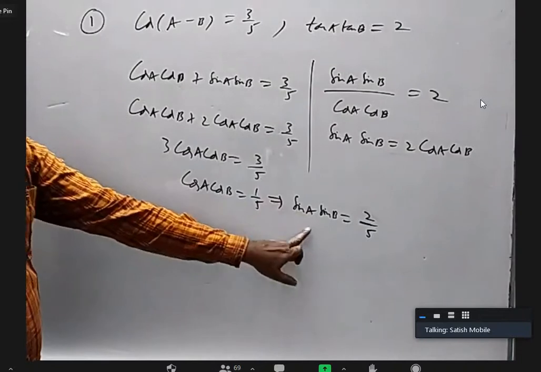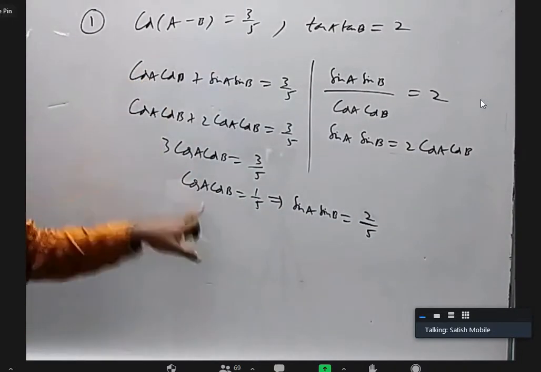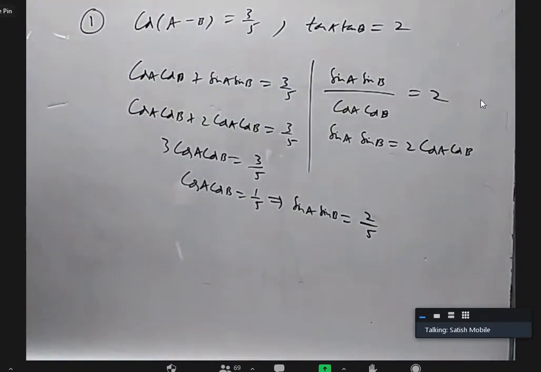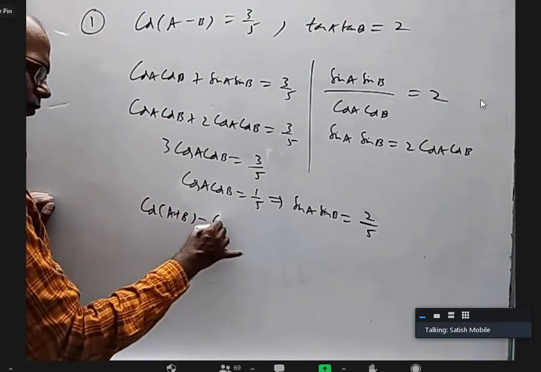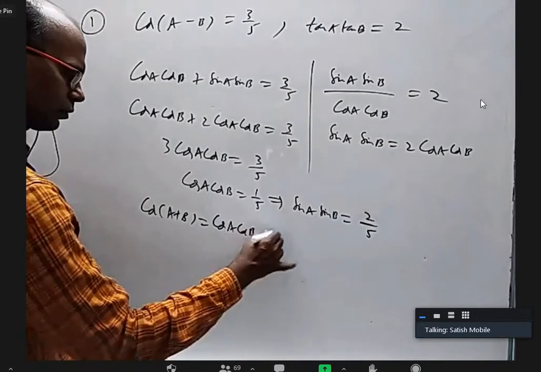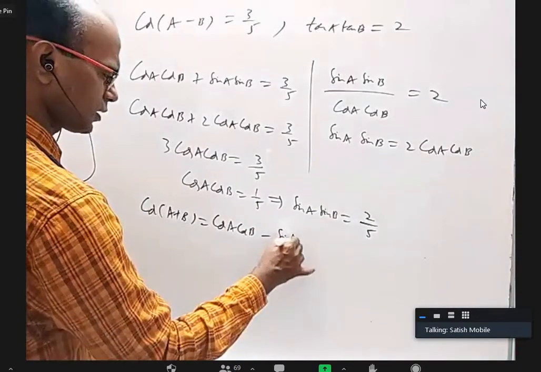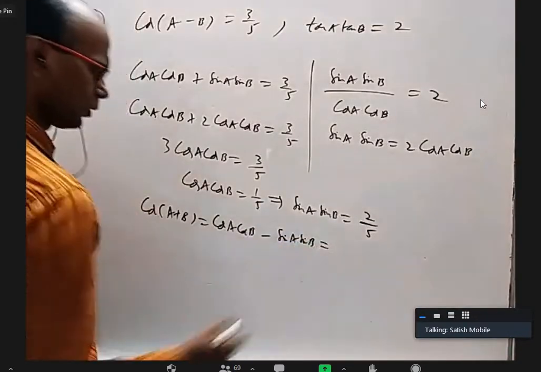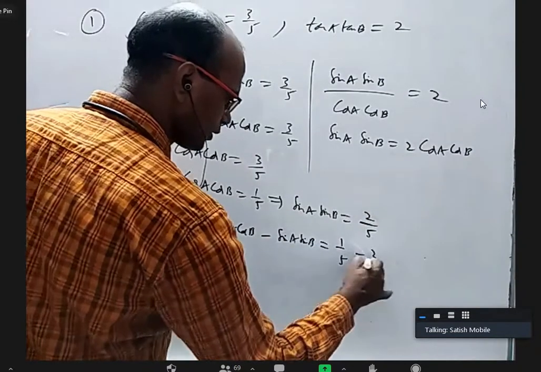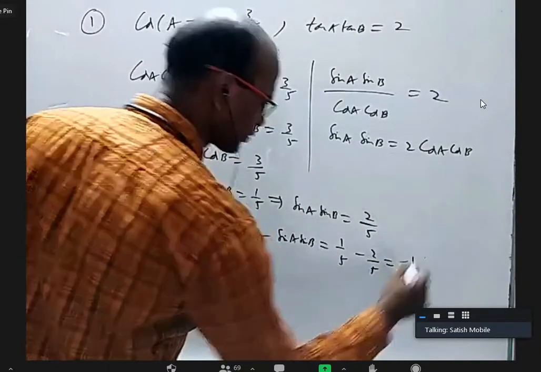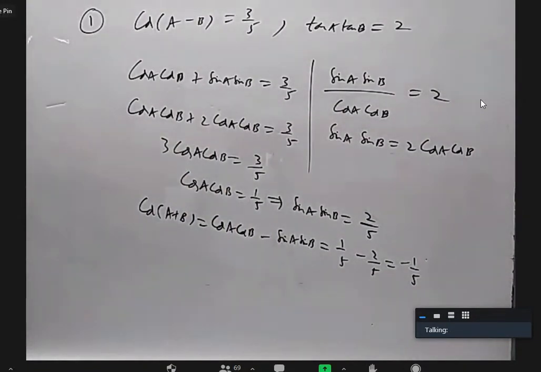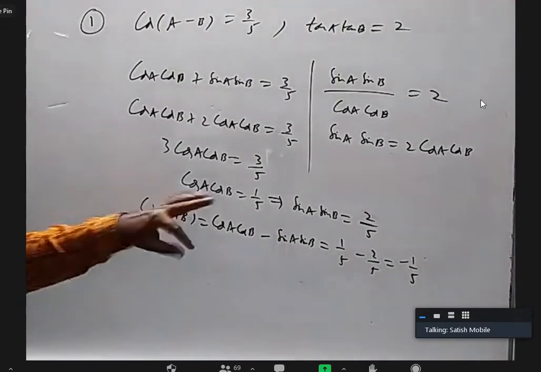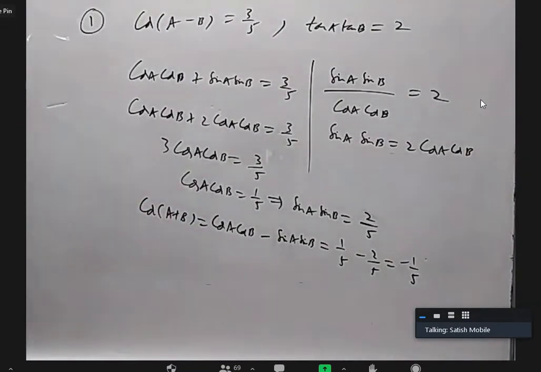By adding them, I got cos A minus B. If I subtract them, I'll get cos A plus B. So I know cos A plus B is cos A cos B minus sin A sin B, which is 1/5 minus 2/5, that is minus 1/5. But if I want to find sin A plus B, I'll have two options, plus or minus. I'll not be able to decide.